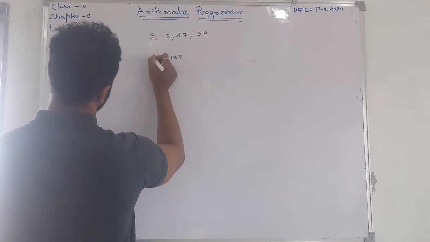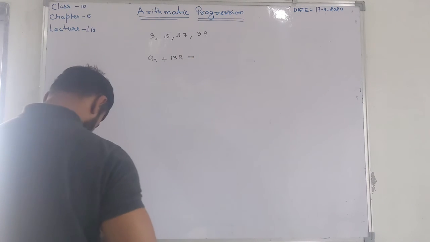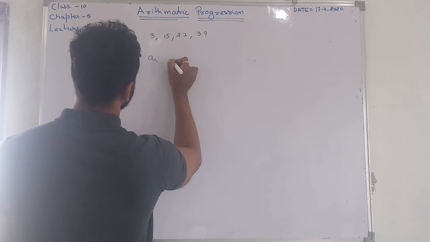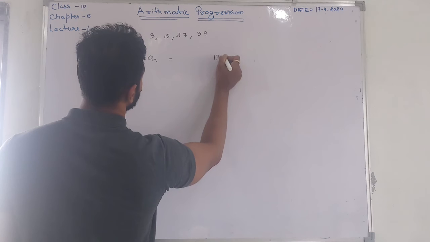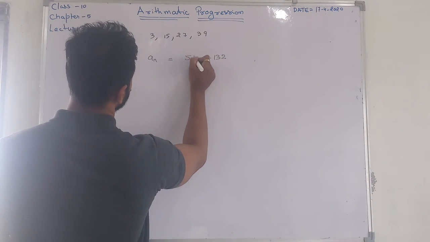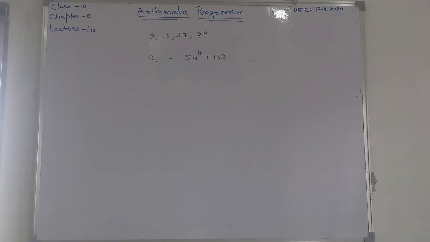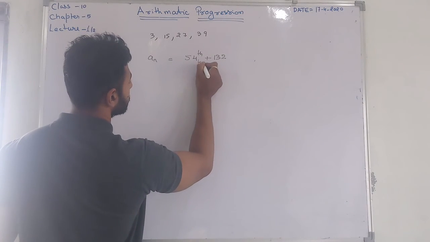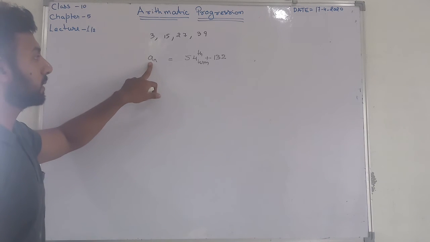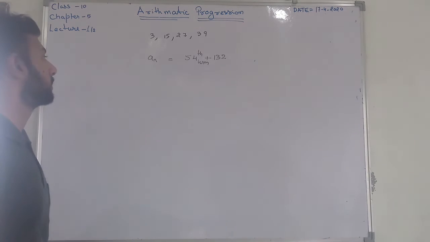We are asked which term of the AP is 132 more than its 54th term. We have to find the value of that term which is 132 more than the 54th term.